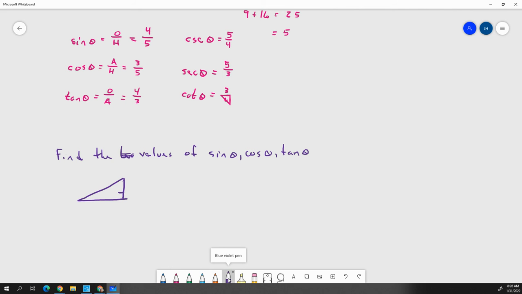All right, here is our right angle, here is our theta. We're going to say we have a hypotenuse of 4 and a side length of 2. So we are missing one of the side lengths. You guys are going to have to figure out what that side length is.